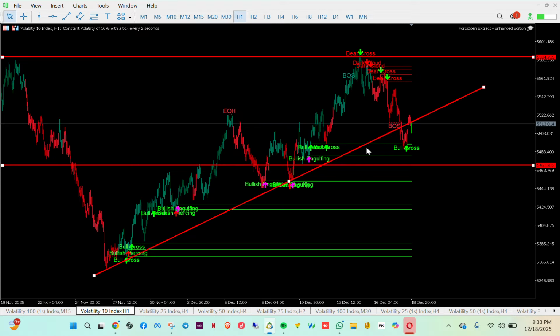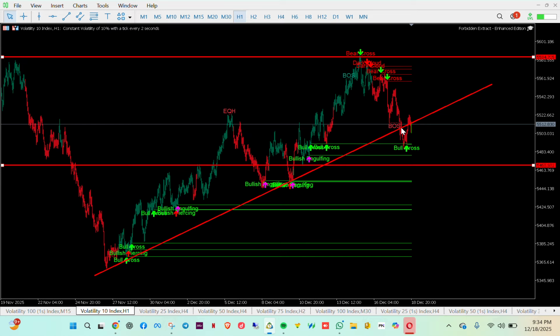You can see now, if we draw our trend line, we have something like this. This is to show that the market is in a downtrend. The market has broken this trend line to the downside. This is just like a breakout and retest.